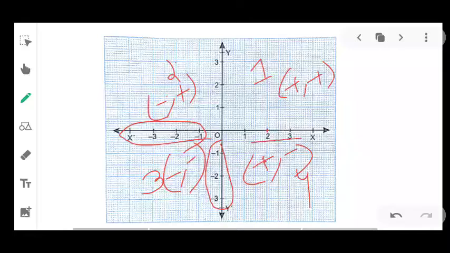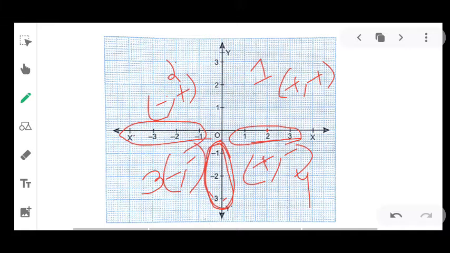So on the x-axis we have 1, 2, 3. These are the positive integers. That's why plus sign here. And on the y-axis we have numbers like -1, -2, -3. That's why negative.